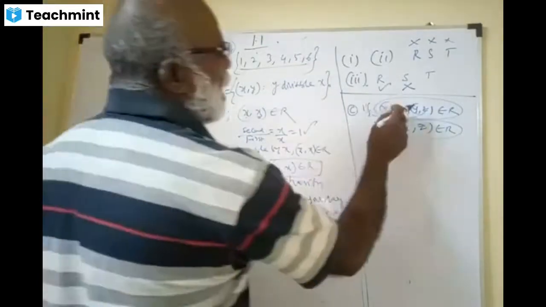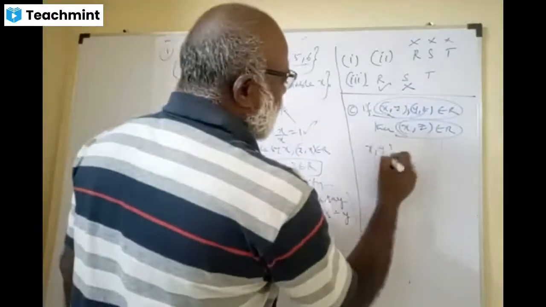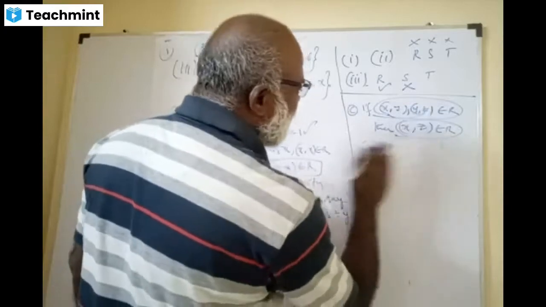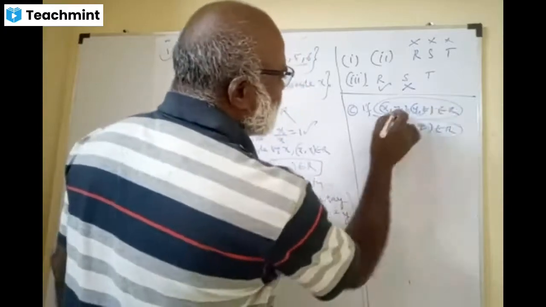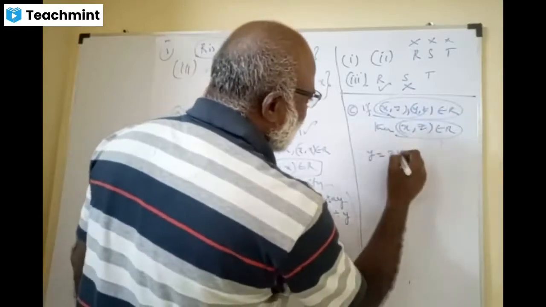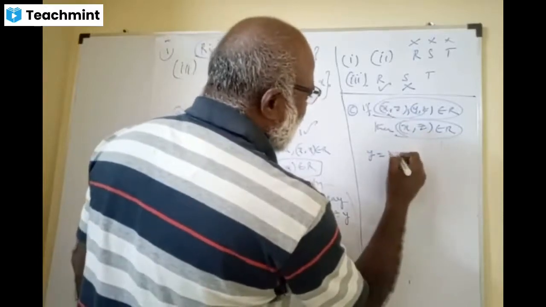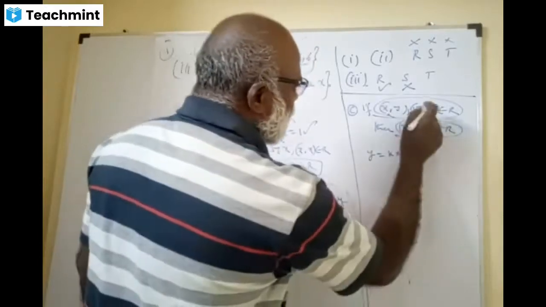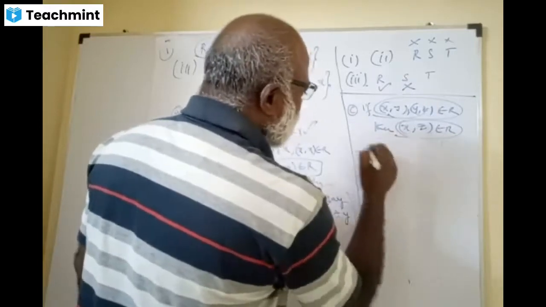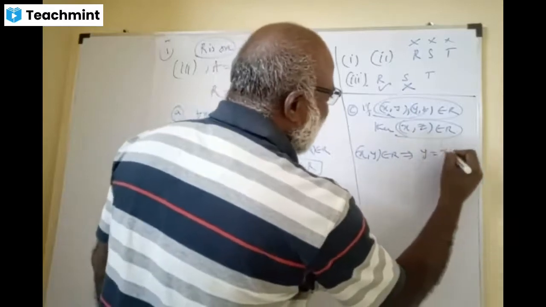Friends, (x, y) and (y, z) belong to R. What does (x, y) belongs to R mean? Y is divisible by x, which implies y equals kx.